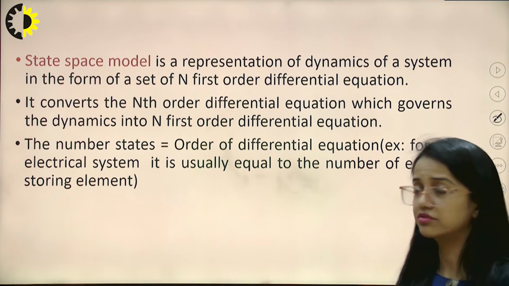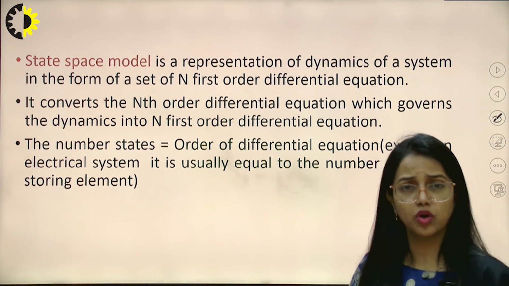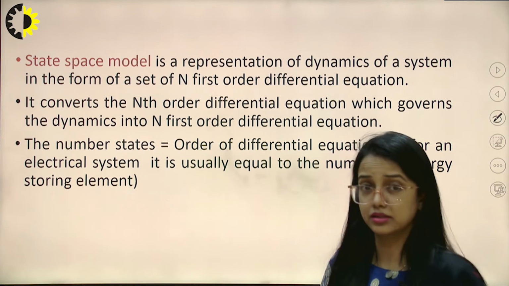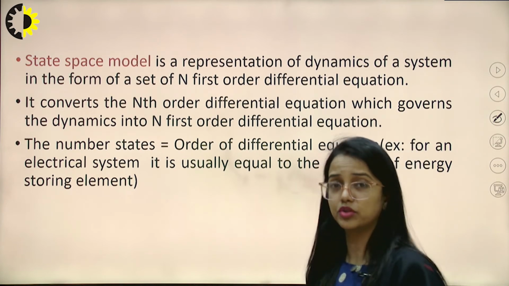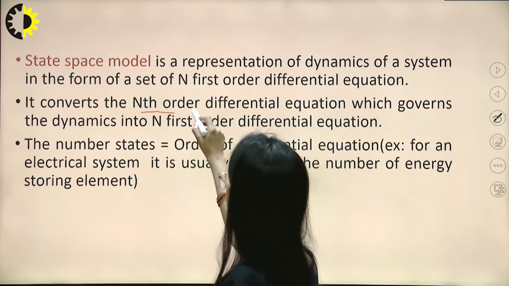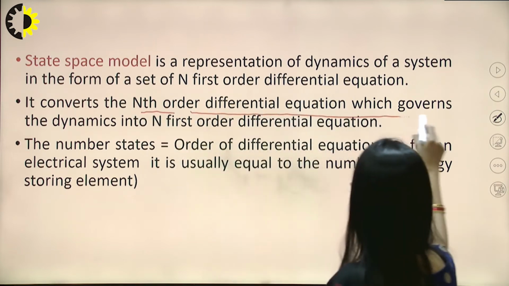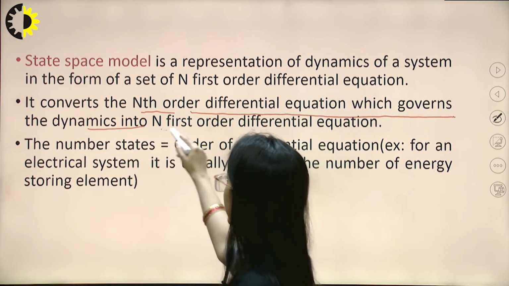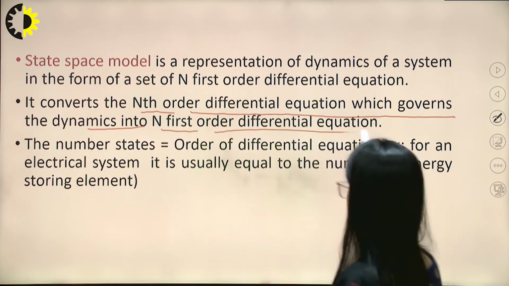We can have 3 differential equations depending upon how many elements we have and how complex the system is. It converts the nth order differential equation which governs the dynamics into n first order differential equations.